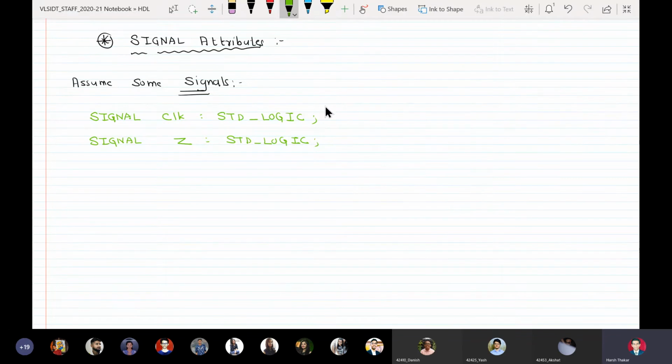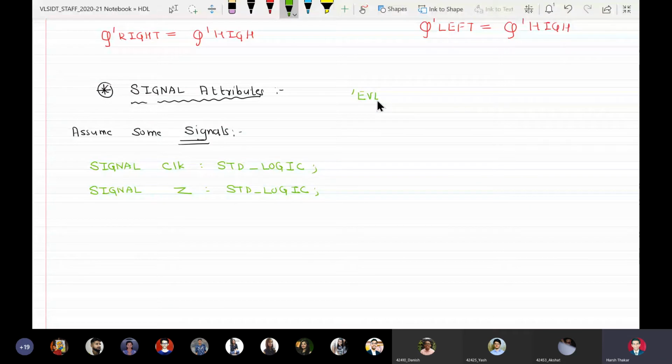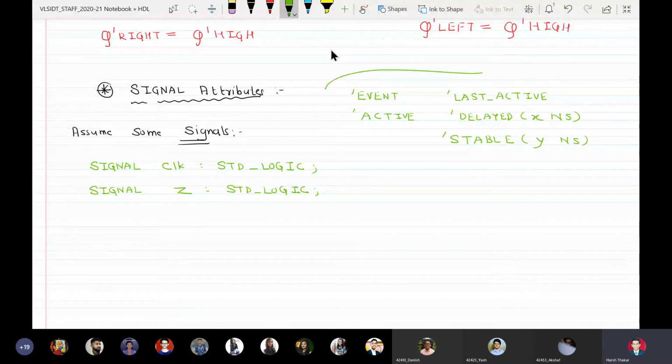Okay, so we have defined two signals CLK and Z of the data type standard underscore logic, and we are going to discuss how they will be the attributes event, active, then last underscore active, delayed x nanoseconds, and tick stable y nanoseconds. Okay, so we have to learn how to use these attributes.